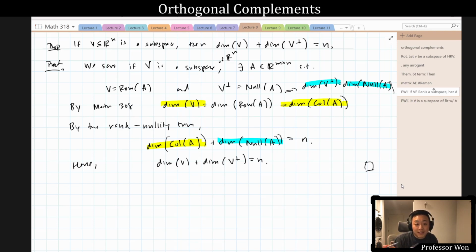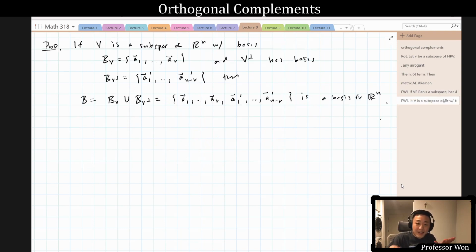In other words, they don't overlap at all. And so if you take a basis for one and a basis for the other, because the two vector spaces intersect only in the zero vector, as you add the basis vectors from BV perp, you're going to remain linearly independent as you go.